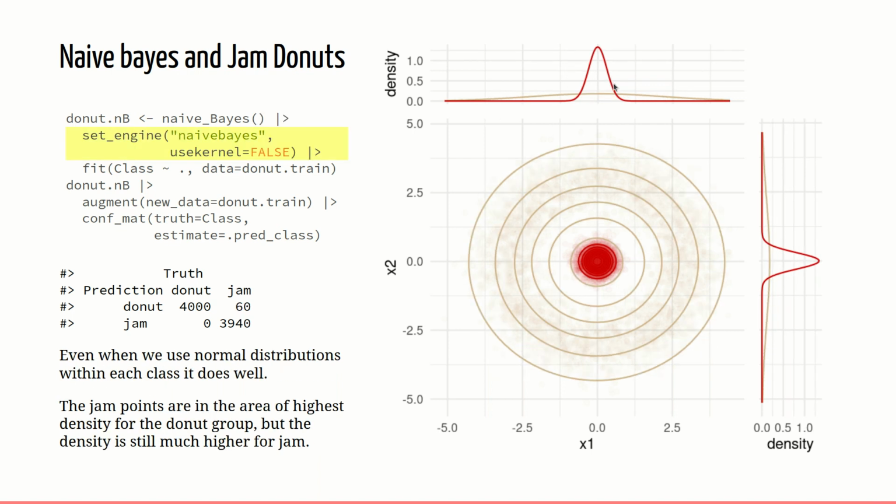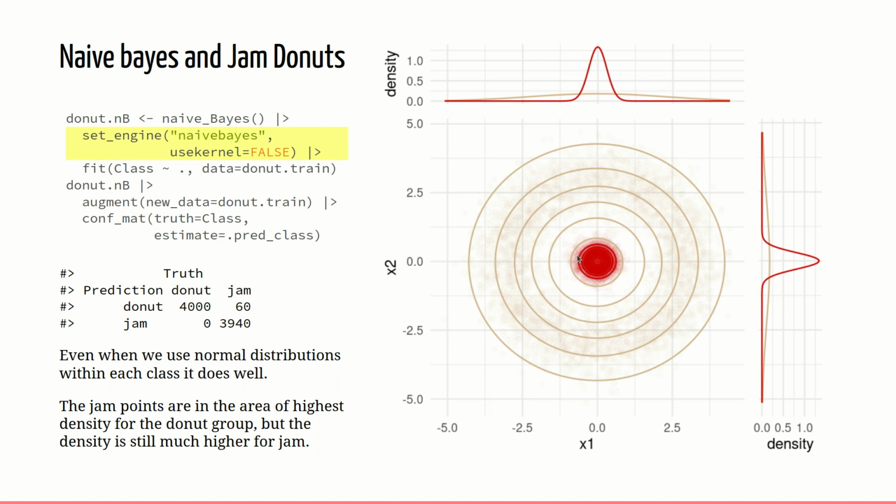But the distribution of the donut, right, we don't have two peaks, we've only got a single peak. And so when you multiply them together, you get this very diffuse normal distribution. Now this is going to still work because the vast majority of the observations in the jam, that peak in the jam is just so much higher that essentially your decision boundary is going to be a circle around here, right?